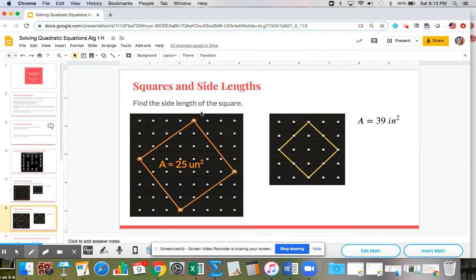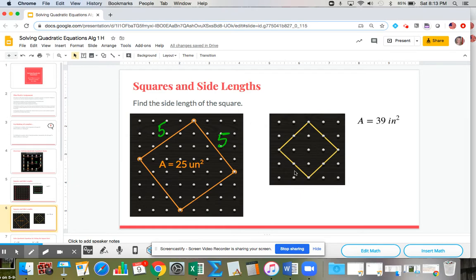So remember, the relationship was the side length squared equals 25. So I would ask you the question, even though I can't count pegs here because it's on a diagonal, what must the side length of this square be, which when I multiply it by itself equals 25? So the side length of this square must be 5.